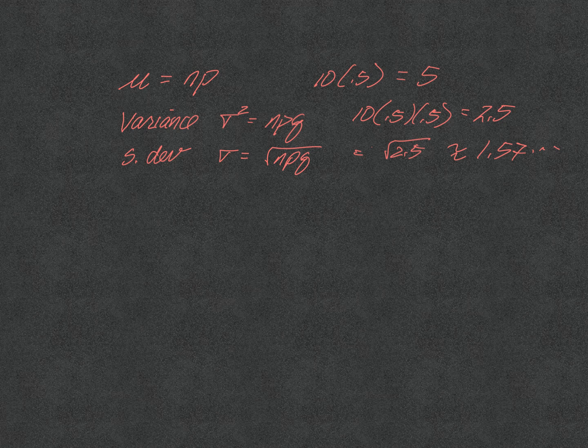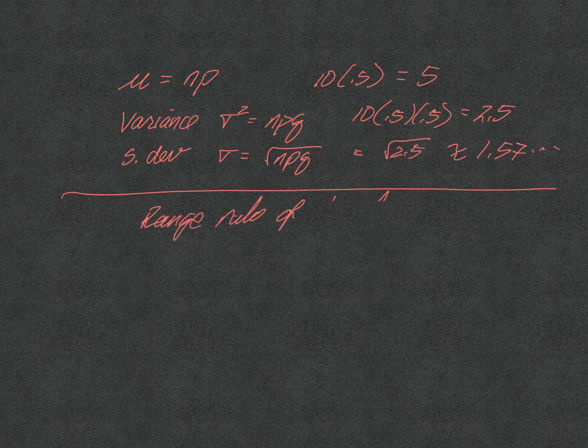In terms of statistics questions, we like to use our range rule of thumb, which says that values are significantly low if they are less than the mean minus 2 standard deviations.